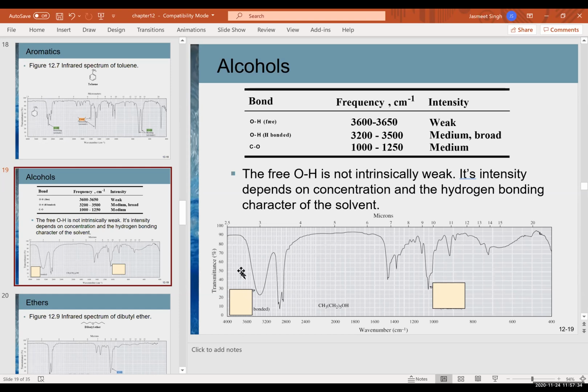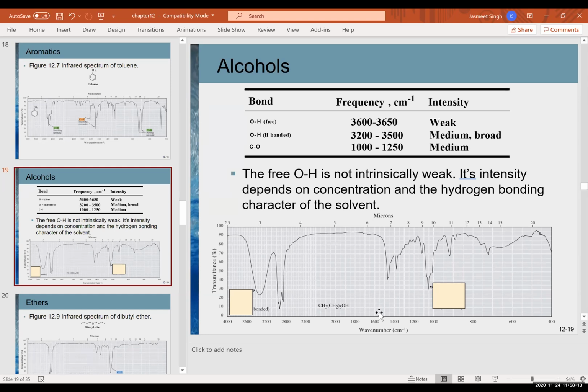Because it's a broad peak, it doesn't appear that high, but it's still absorbing a lot. The OH peak is characteristic by nature because it's so broad, generally peaking at around 3300, but it could be anywhere from 3200 to 3600, or 3500 if it's hydrogen bonded. If it's free, then it will be a relatively sharp peak, not broad, at around 3600.